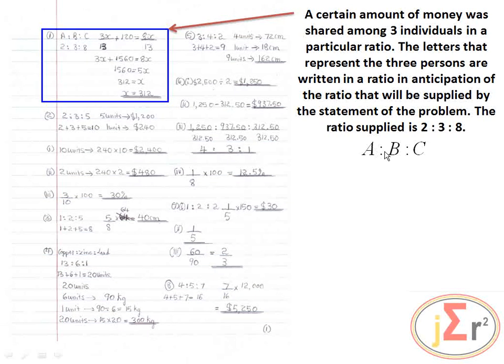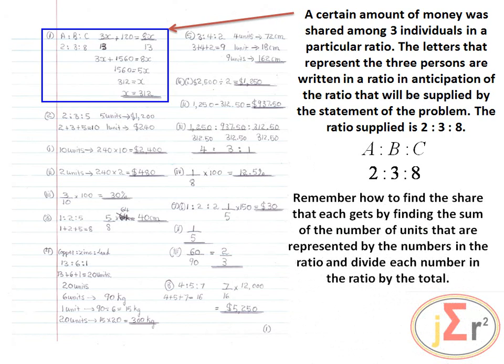The ratio supplied is 2 to 3 to 8. So we are saying that A gets 2, B gets 3, and C gets 8. And this is the same ratio that we used for our introductory statements.